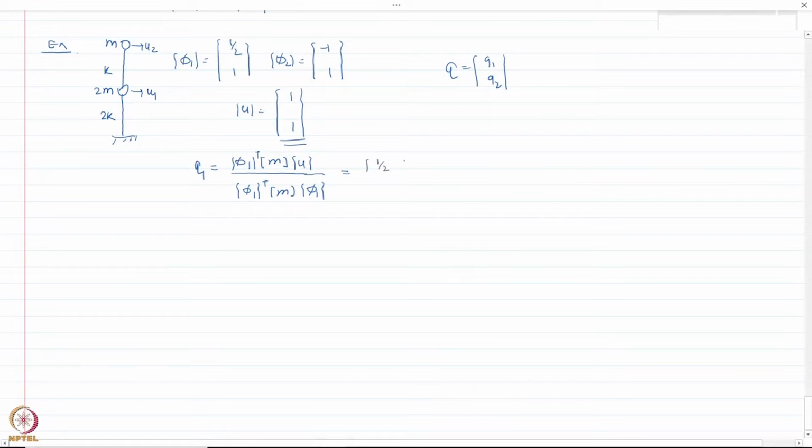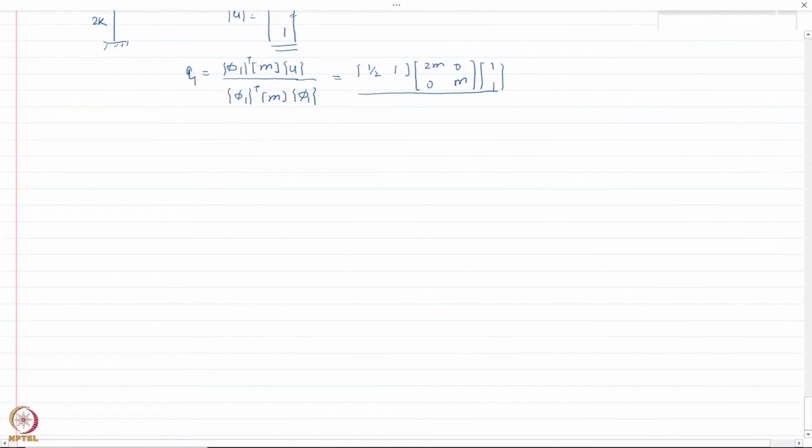So this is half 1, and the mass matrix is of course 2m 0 0 m, and here is the displacement vector for which we are doing the modal expansion. So this is 1 and 1 here, and in the denominator I have half 1 and then 2m 0 0 m times half 1. So this I get as 4 by 3.